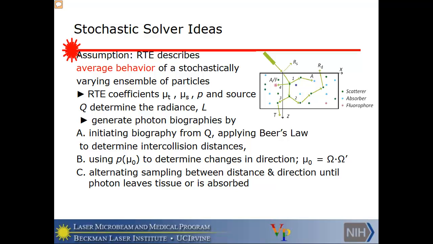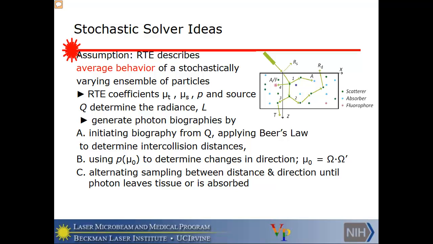And the forward problem takes the constants that describe the optics and the single scattering phase function P and the source to determine the radiance. That's the forward problem. How does it work in the simplest case? You can, of course, launch a photon biography according to what the source distribution tells you.